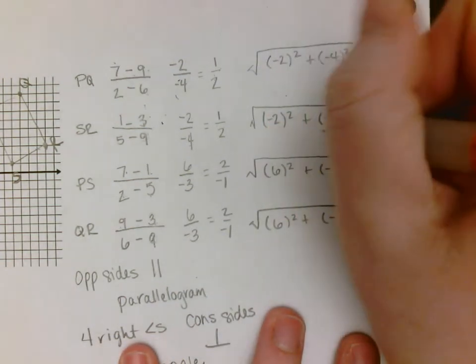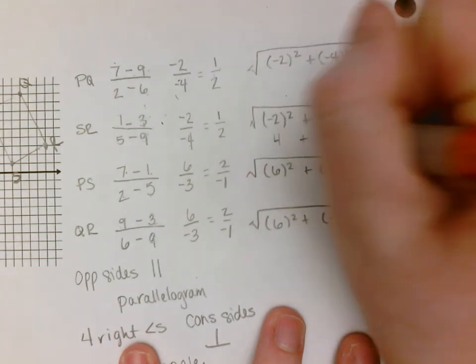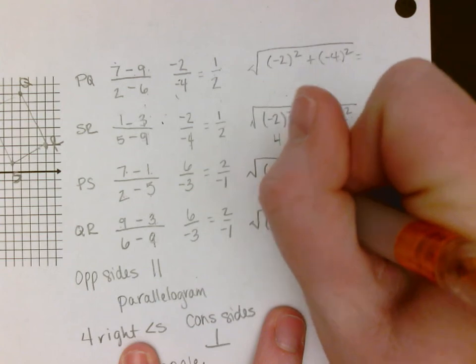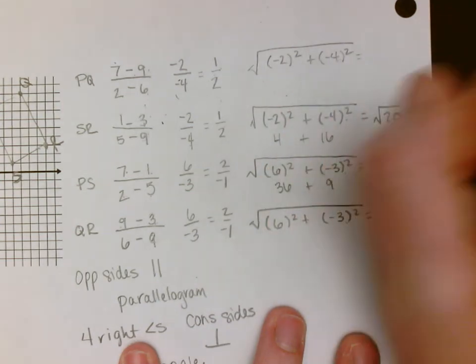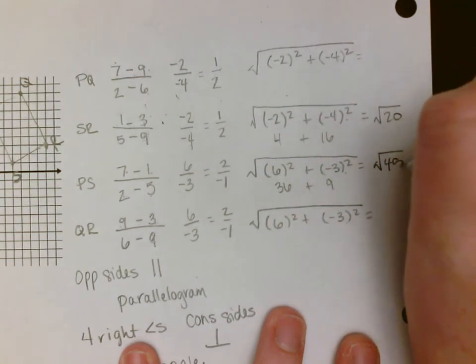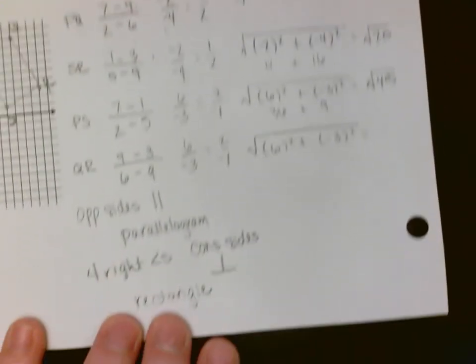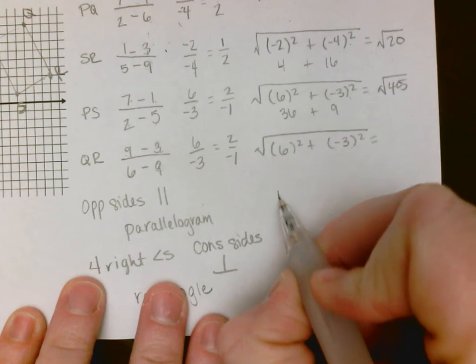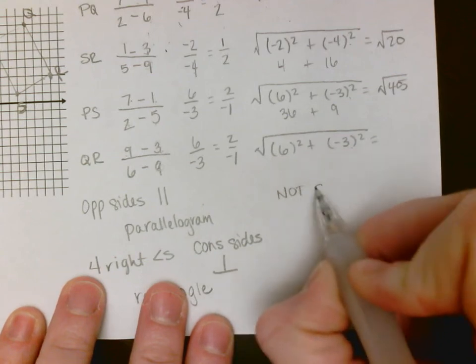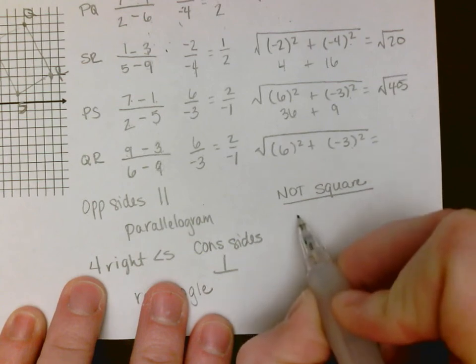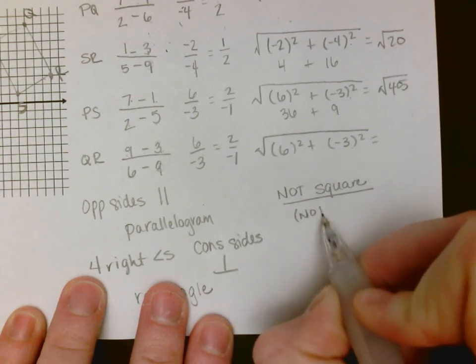So this would be 4 plus 16, so this is the square root of 20. This is 36 plus 9, which is the square root of 45. Since consecutive sides are not congruent, I don't have a rhombus, so not square or not rhombus.